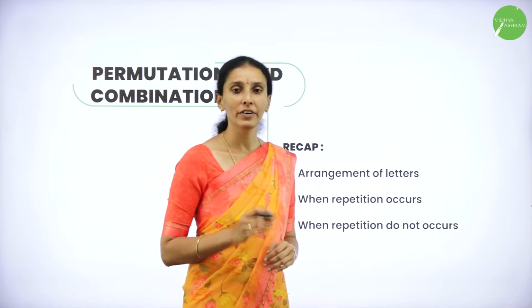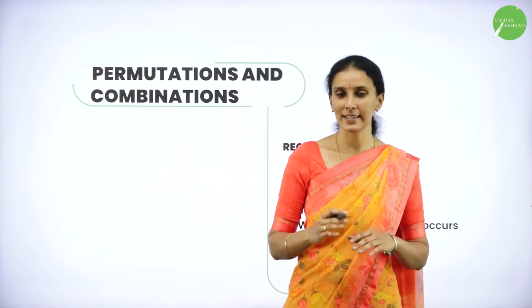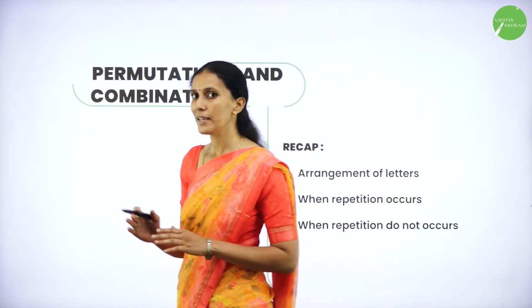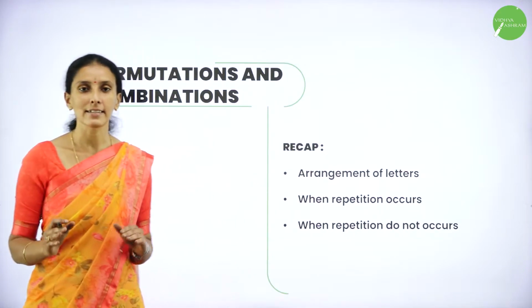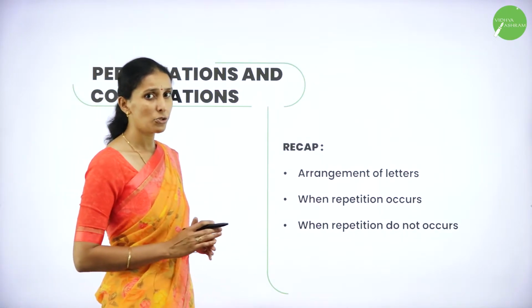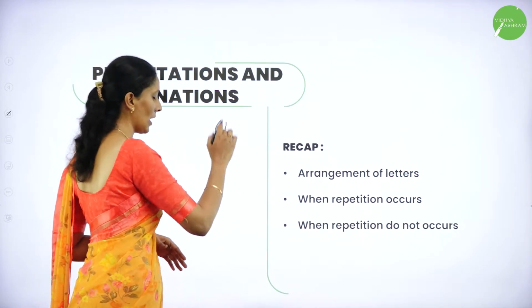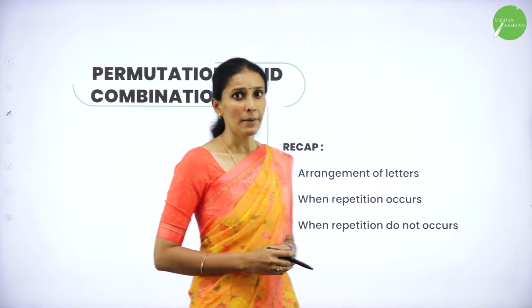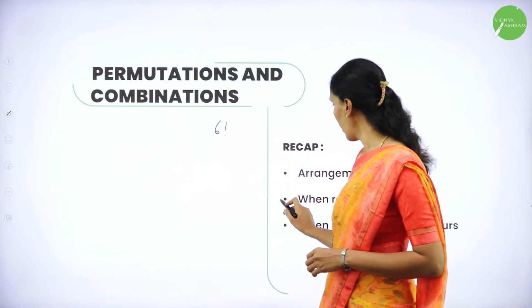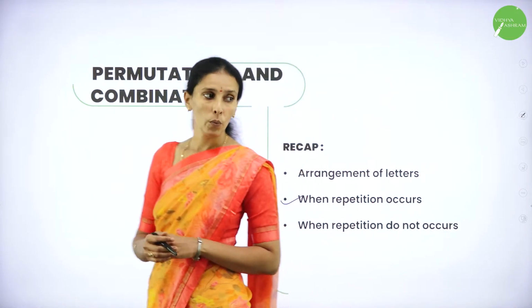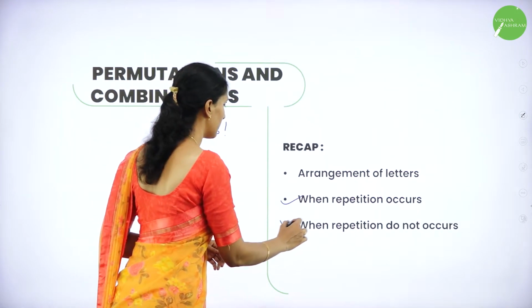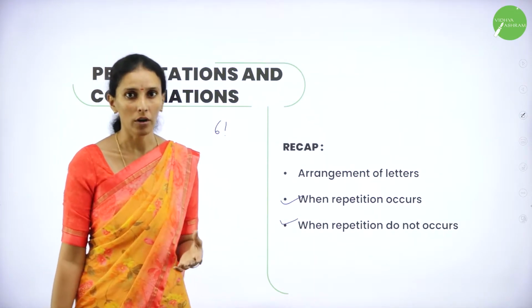So when you have different letters, for example, Monday, there will be 6 letters in 6 different places. So the arrangement of 6 different letters can be taken as 6 factorial, when the repetition does not occur.